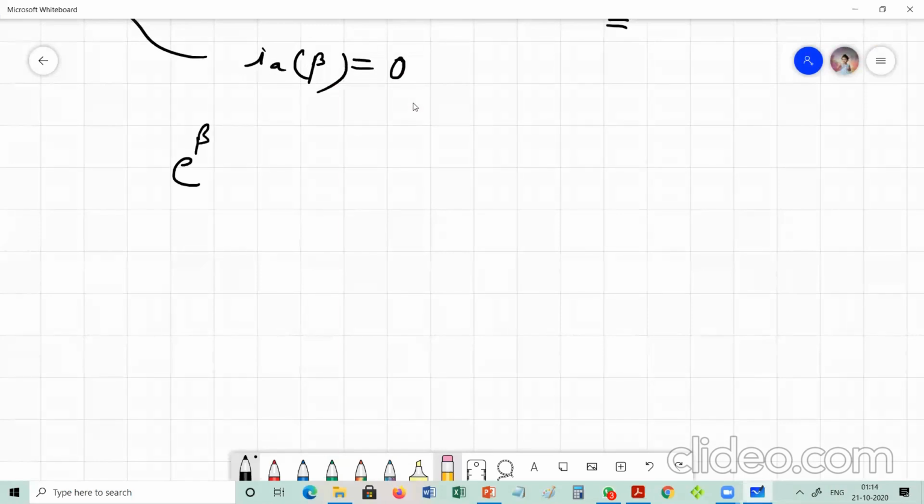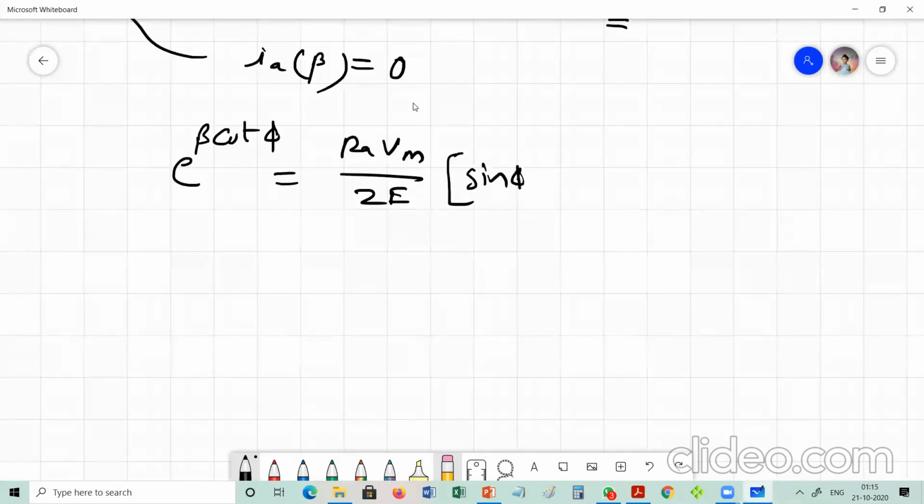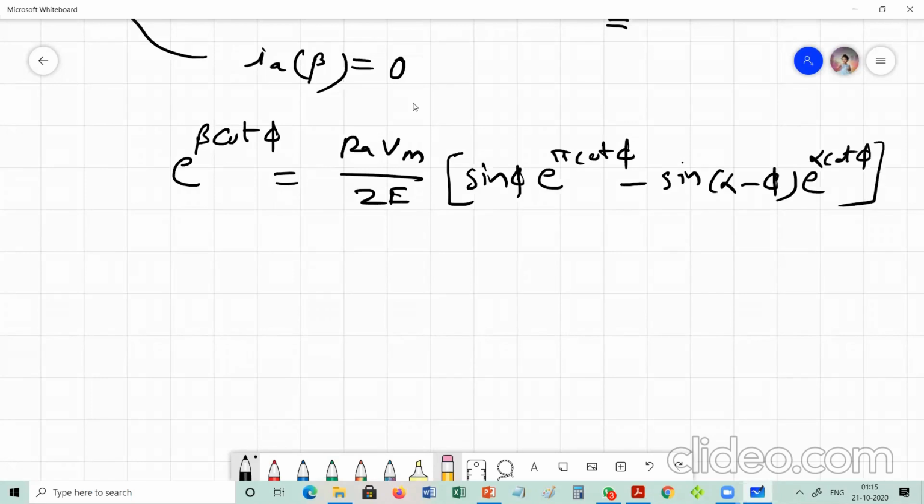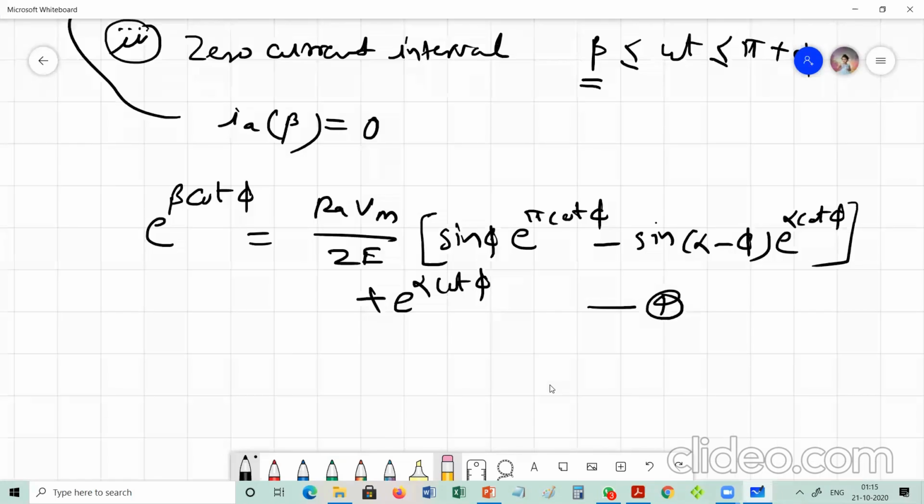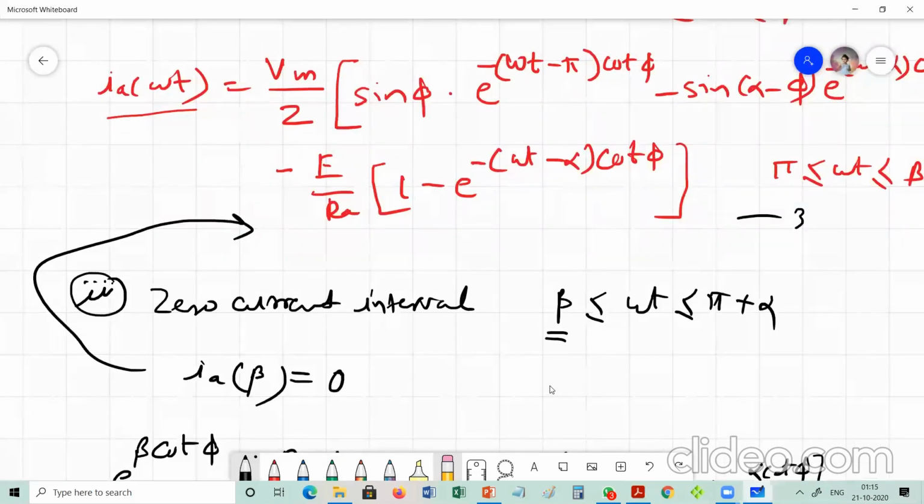The equation we will get is e raised to beta cot phi is equal to RA Vm by ZE into sin phi into e raised to pi cot phi minus sin alpha minus phi into e raised to alpha cot phi, plus e raised to alpha cot phi. We will find this for calculation of beta. This will be equation number 3.